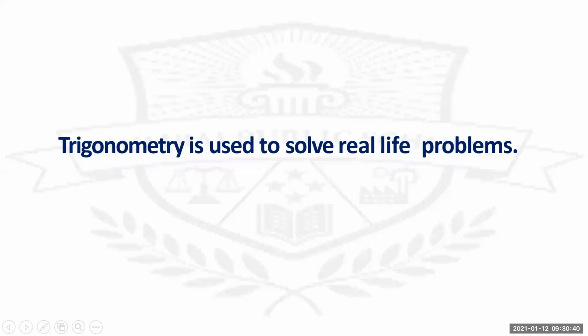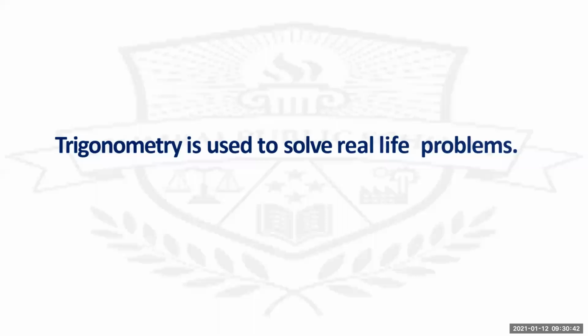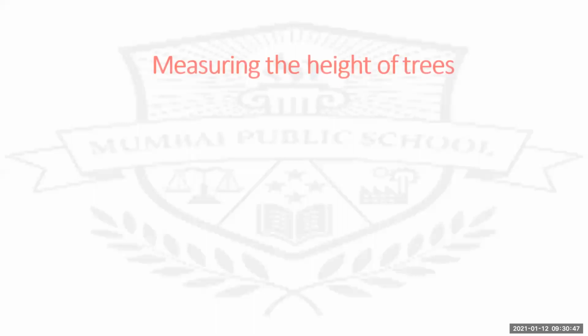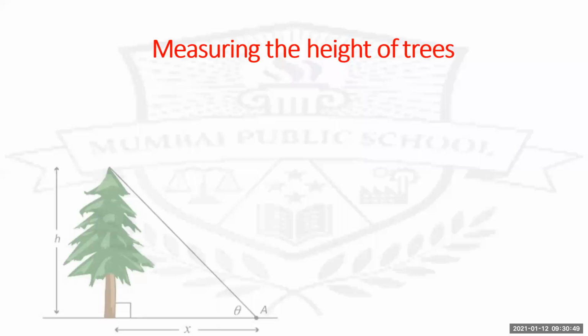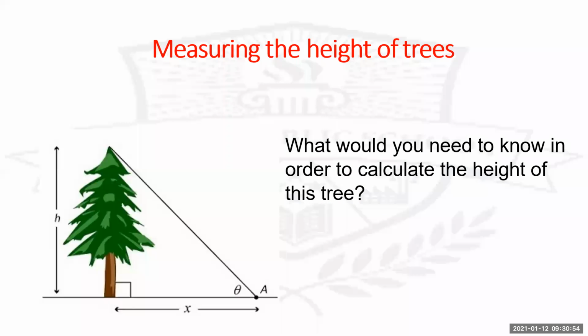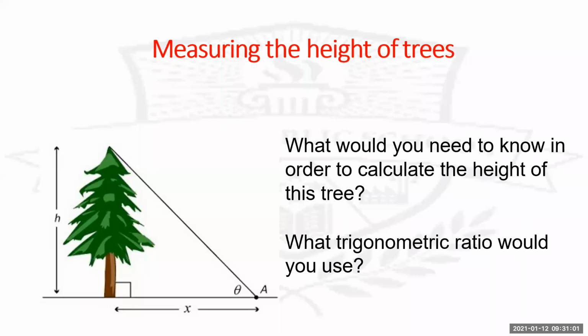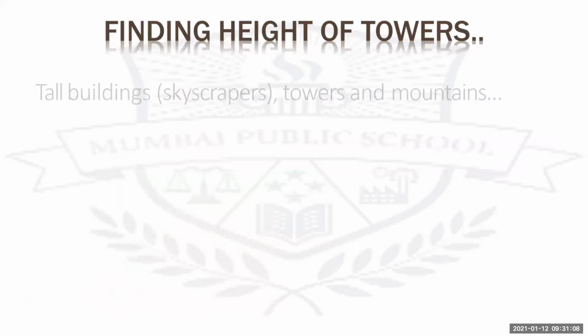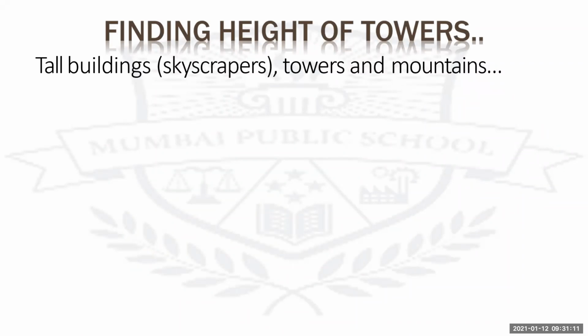Now, trigonometry is used to solve real life problems. It has wide, extensive use. Where is it used? Measuring the height of trees. What would you need to know in order to calculate the height of this tree? What trigonometric ratio would you use? Next is finding the height of towers, tall buildings, skyscrapers, and mountains.